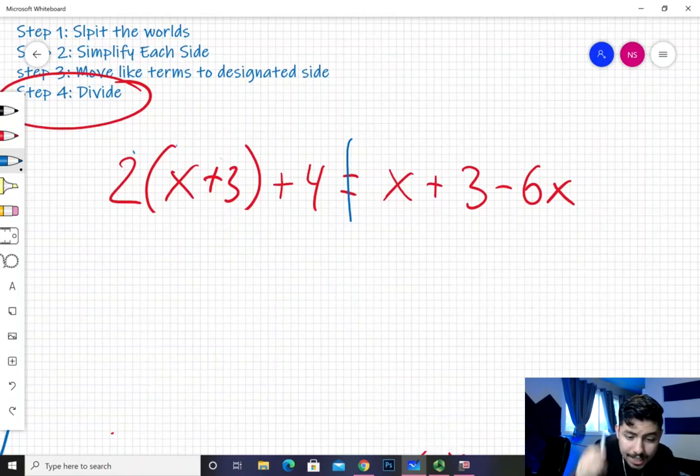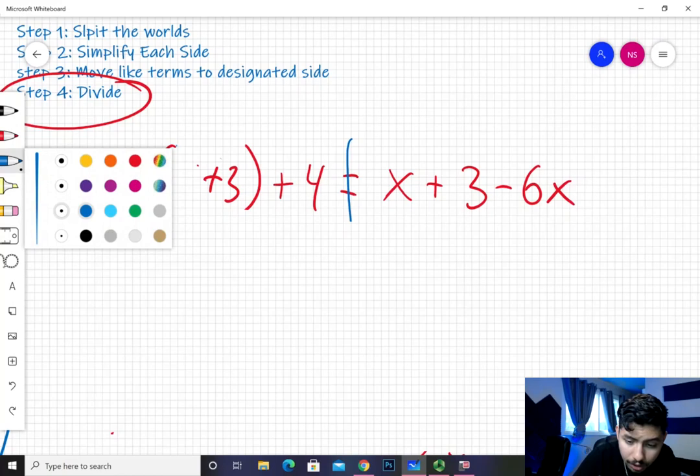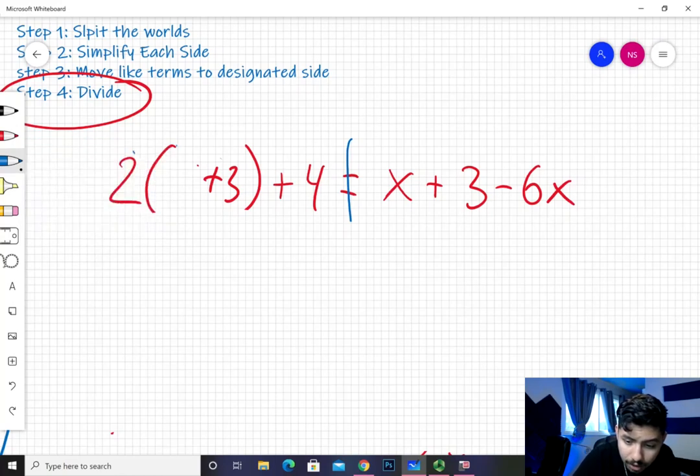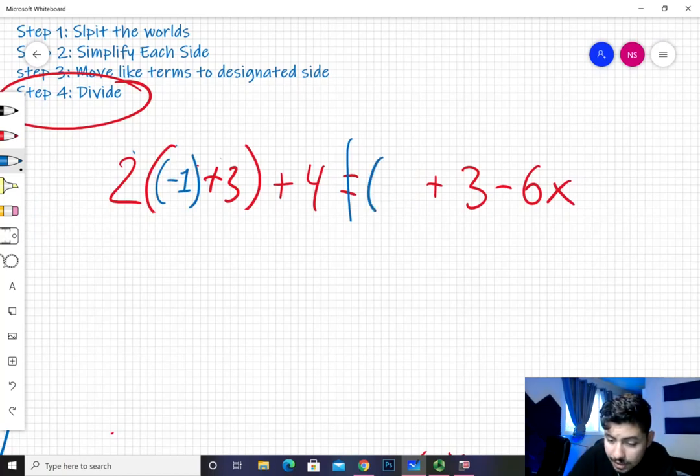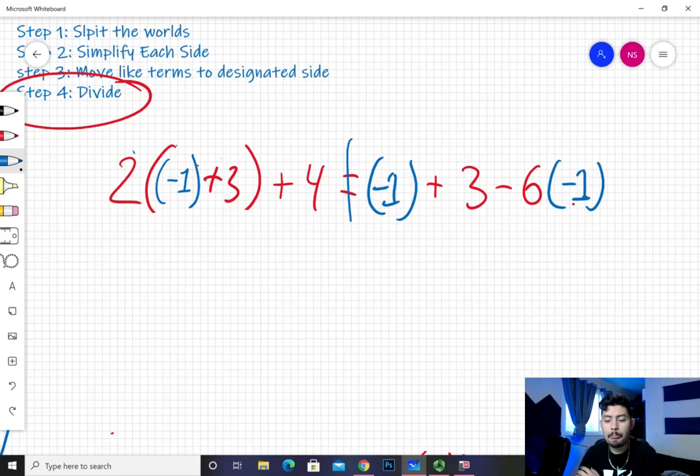Okay, I see this and I'm going to substitute wherever I see an x with the negative 1. And if you recall, the rule says always make sure you put parentheses in place of wherever you're going to substitute that letter with the number. Boom. Now we solve each side and make sure each side comes out equal to each other.